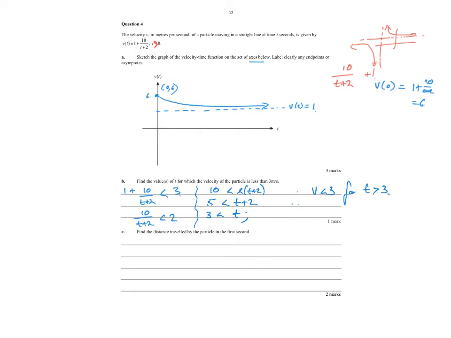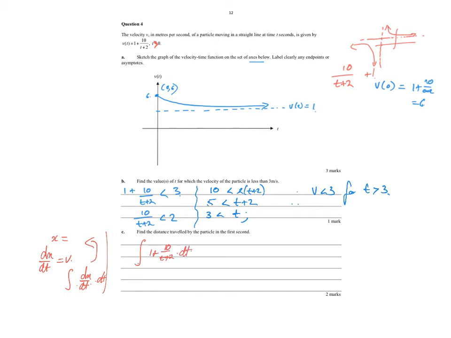Just to briefly explain, if x is equal to the position and dx/dt is equal to the velocity, then to get a position equation I've got to take the antiderivative of dx/dt. So I have to anti-differentiate 1 plus 10 over t plus 2 dt.